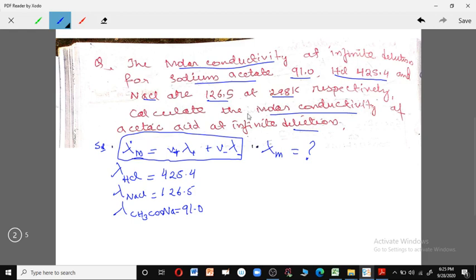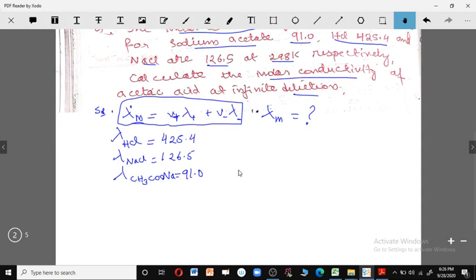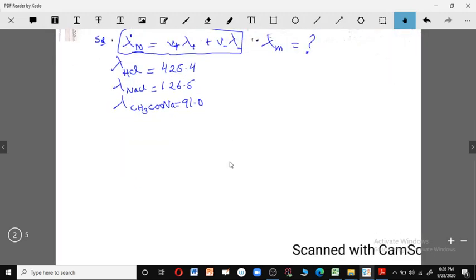Let me write this. When you dissociate HCl, you will get lambda H plus and lambda Cl minus.